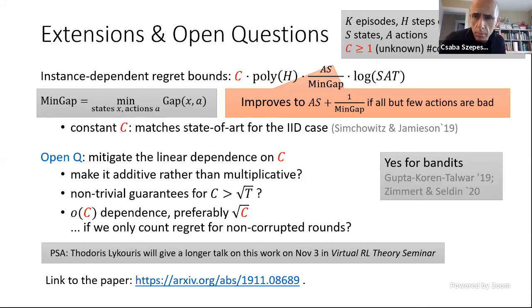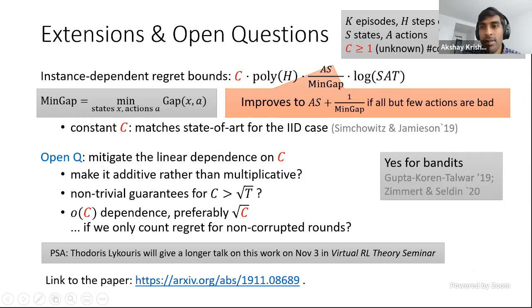There is also a root C result, but if I remember correctly, and I may be messing it up slightly, it's for pseudo regret, and it assumes that you don't count regret for the non-corrupted rounds. But if I'm messing it up, then correct me in the chat.